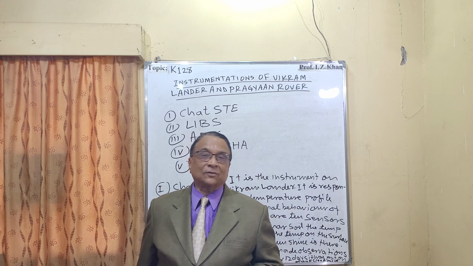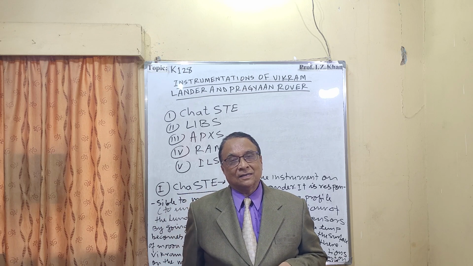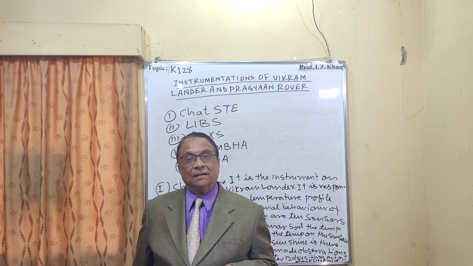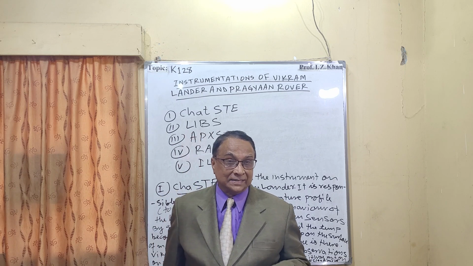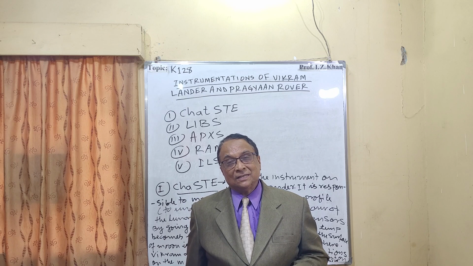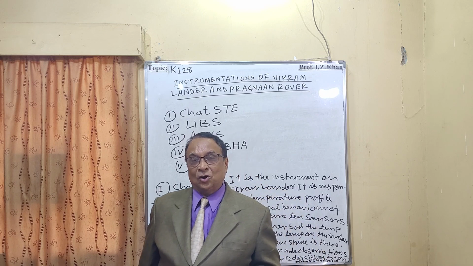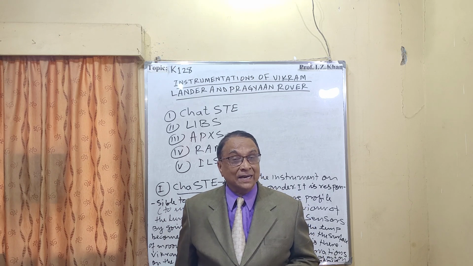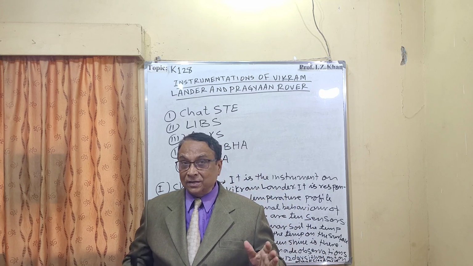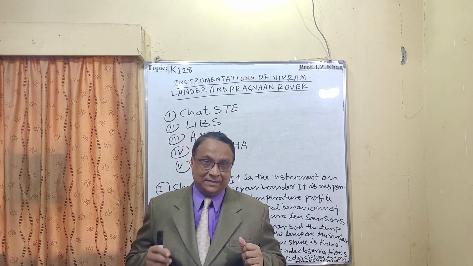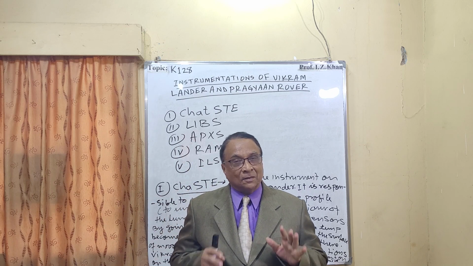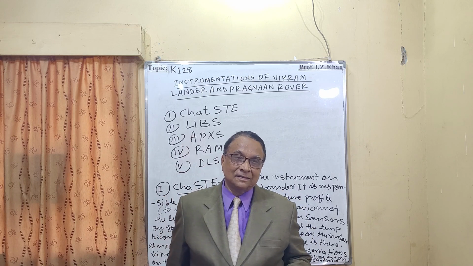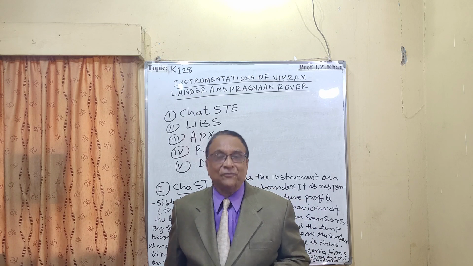But when the Vikram instrument, ChaSTE, started digging, it was found that at 8 centimeters deep in the lunar soil, the temperature became minus 10 degrees centigrade. So it is a drastic change in temperature between the upper surface and under the lunar surface.